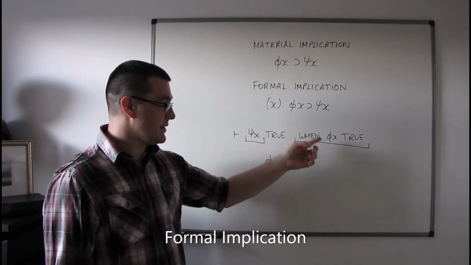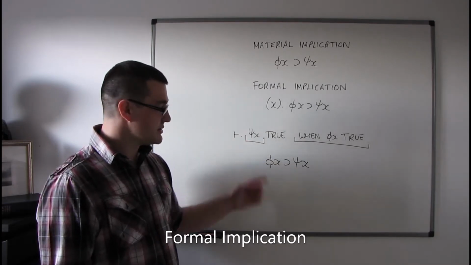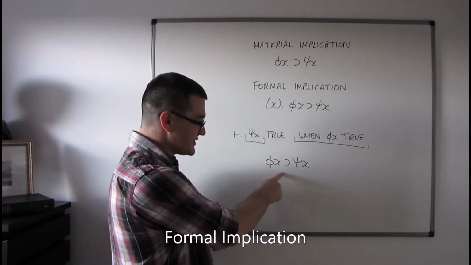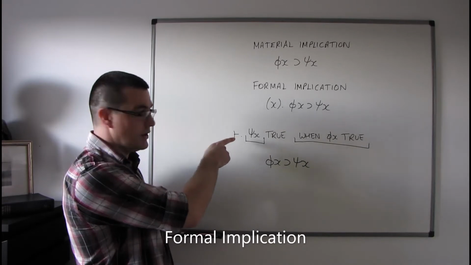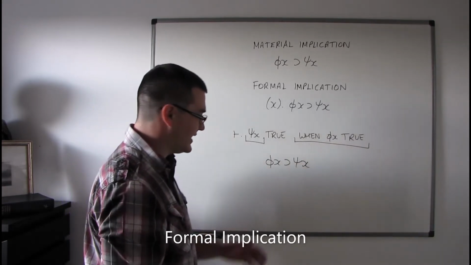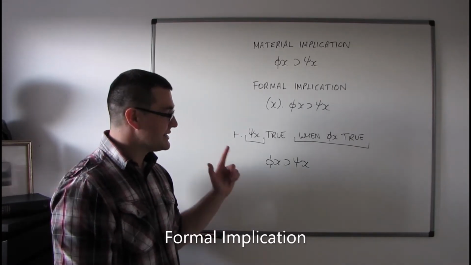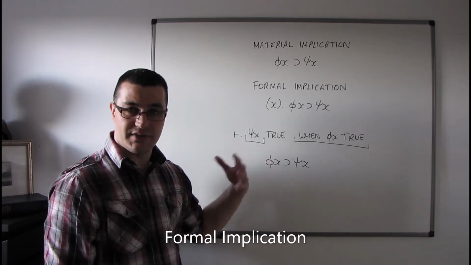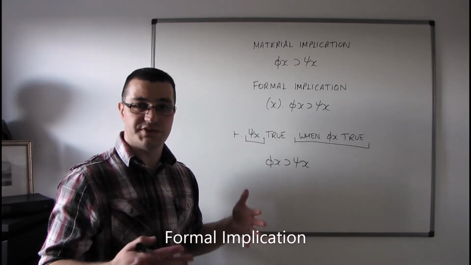The values of x that make phi false, I don't even consider putting into psi. So the values of x that make phi false, the hypothesis false here, seem to be the values of x that I've excluded from up here. So in that case, I get a false hypothesis, but I still get a true implication, because even if the hypothesis of an implication is false, then the implication will still be true.